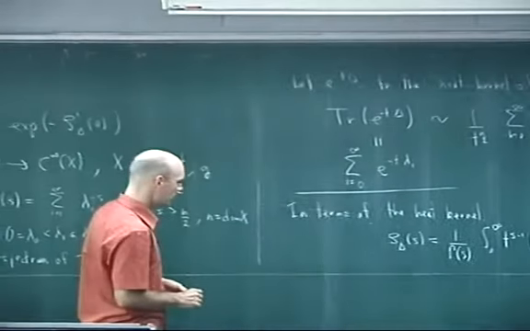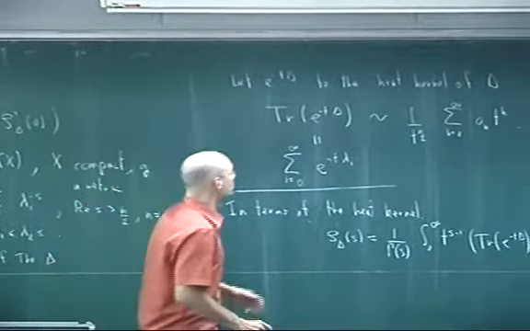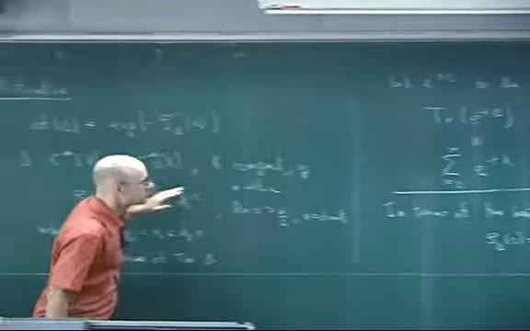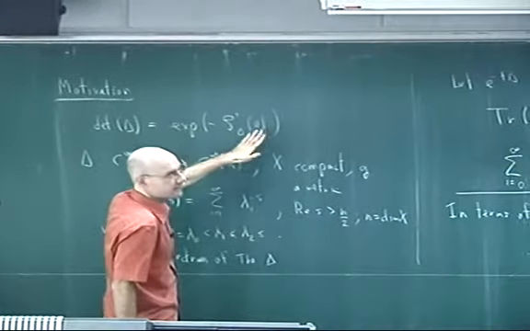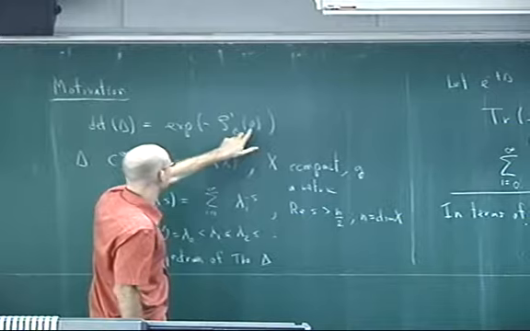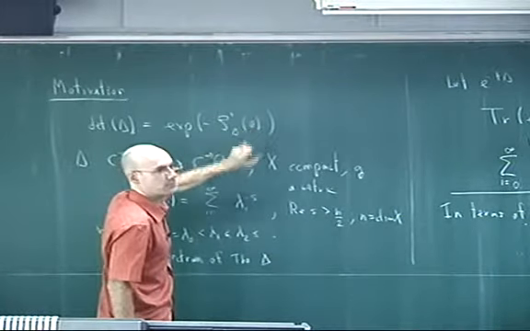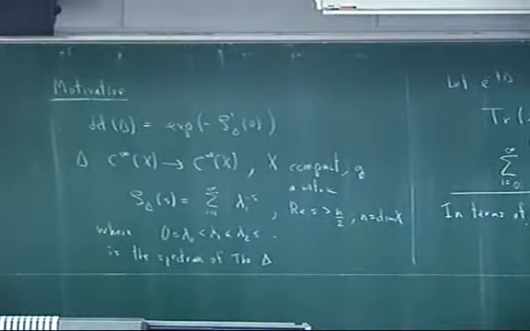What is important in the definition of the determinant is that we need to know the function is regular at 0. So here, k is an integer, so we get poles.